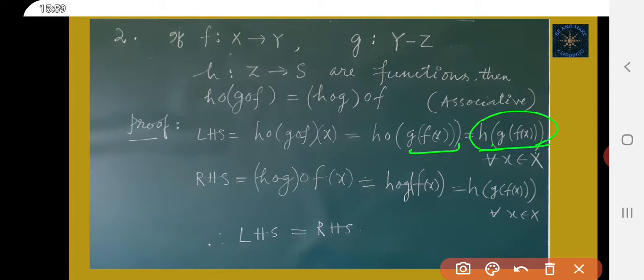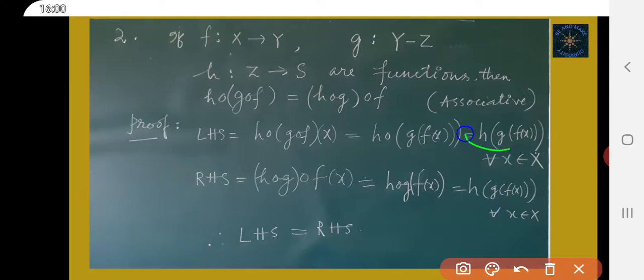Right side, RHS: this h of g of f of x can be written as h o g of f of x, that is h of g of f of x.